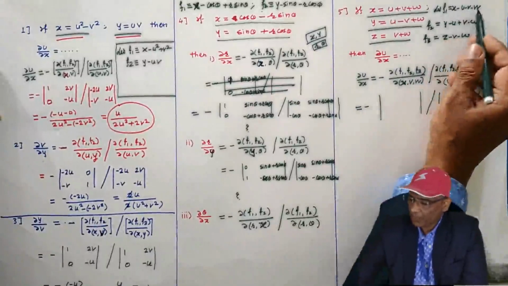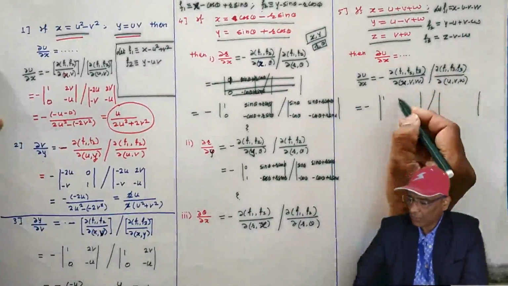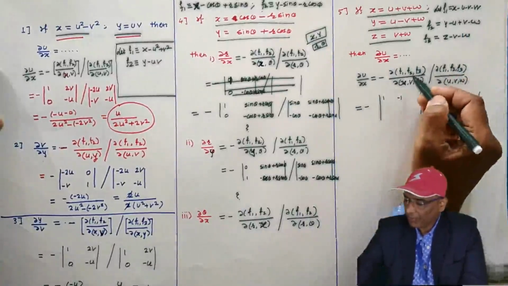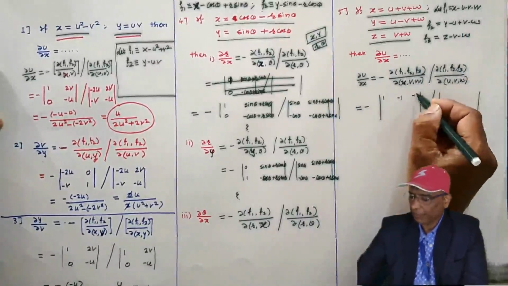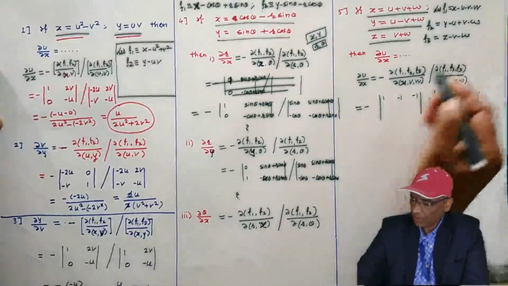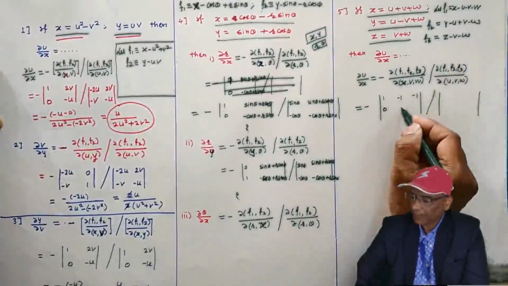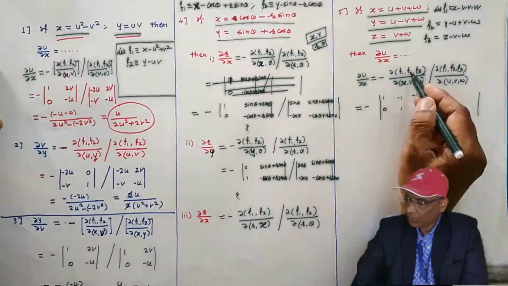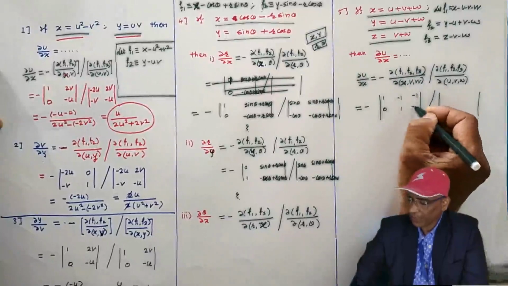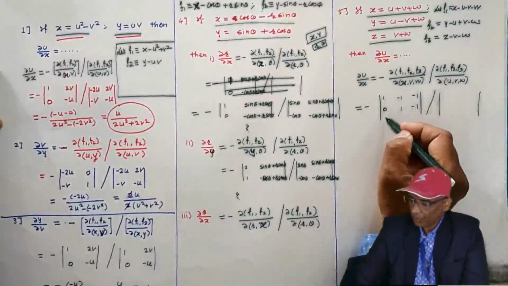The derivative of f1 with respect to x is 1. The derivative of f1 with respect to v is minus 1. The derivative of f1 with respect to w is minus 1. The derivative of f2 with respect to x is 0. The derivative of f2 with respect to v is 1. The derivative of f2 with respect to w is minus 1. The derivative of f3 with respect to x is 0.